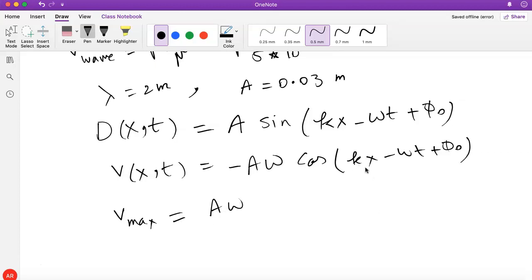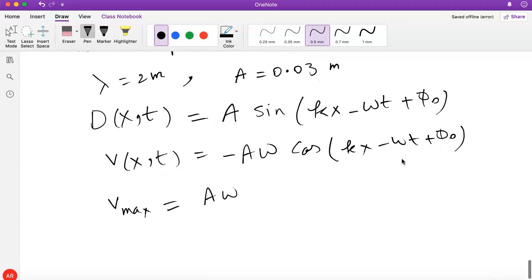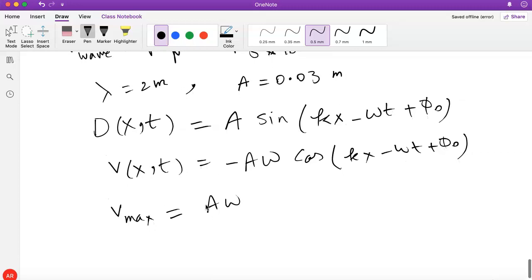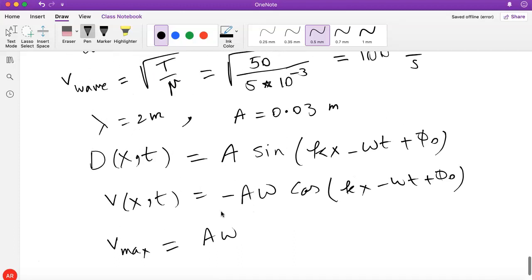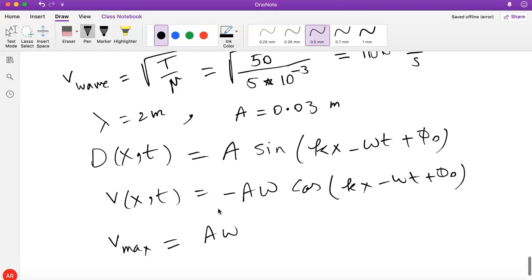If you fix x, we can assume that kx is just part of this phase constant, so it's just cosine omega t plus something, or minus omega t plus something. Cosine of theta and minus theta are the same, so the sign really doesn't matter there. So that's the maximum speed. It's basically the product of the amplitude times the angular frequency.